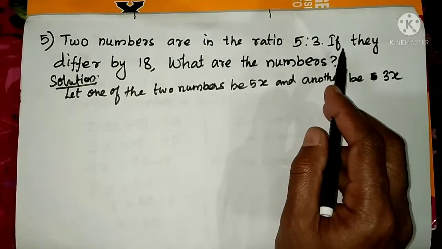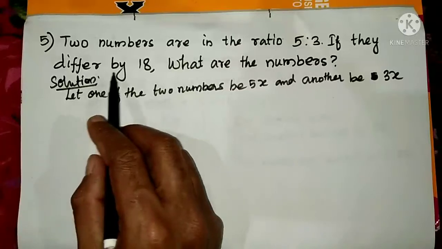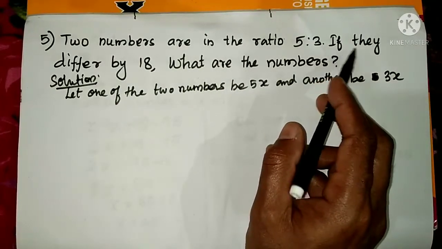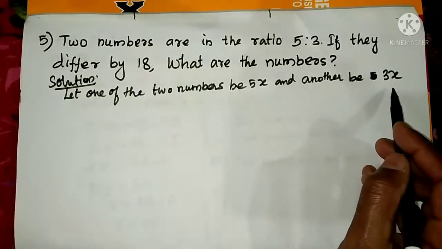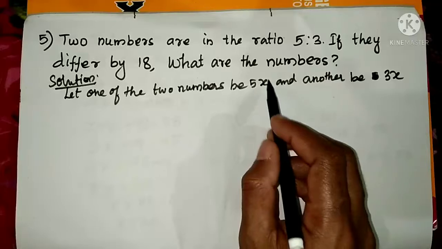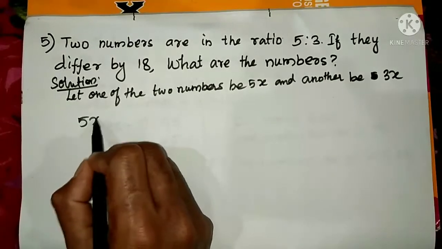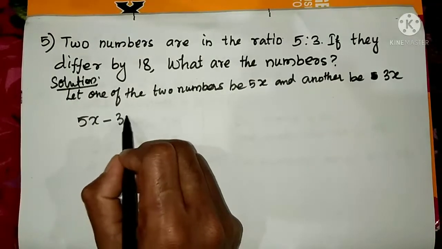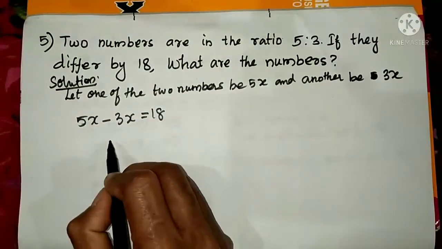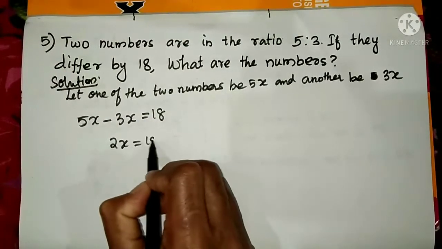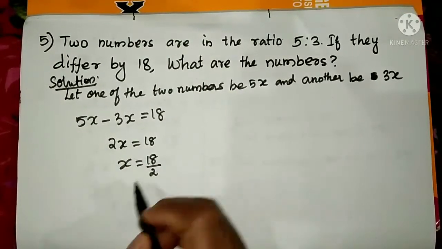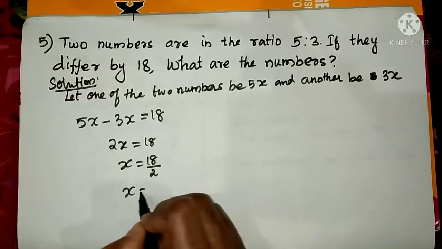And then if they differ by 18, what are the numbers? Okay, so if they differ by 18, the difference of these numbers is equal to 18. We know that this will be the greater number. So the greater number minus the smaller number, the difference of these two, is equal to 18. So 2x is equal to 18, x is equal to 18 divided by 2, that is equal to 9.